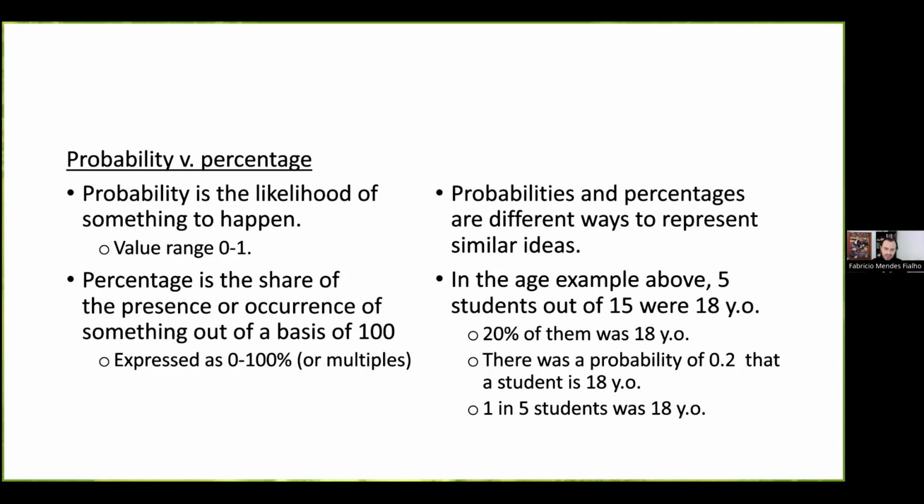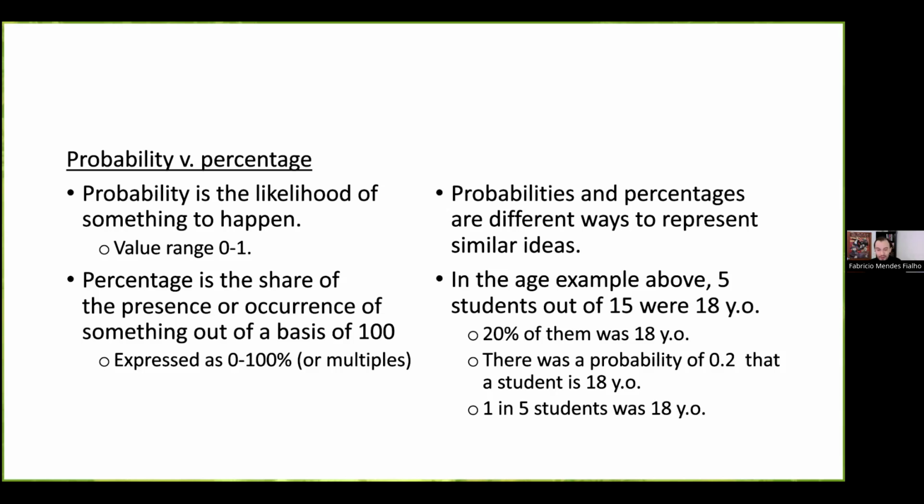If we express the share of students who are 18 years old out of those 15 students, we would find that 20% of the students interviewed reported being 18 years old. In percentage terms, this is how we would probably express that idea, right? If we use probability language, we would say there is a probability of 0.2 that a student is 18 years old.